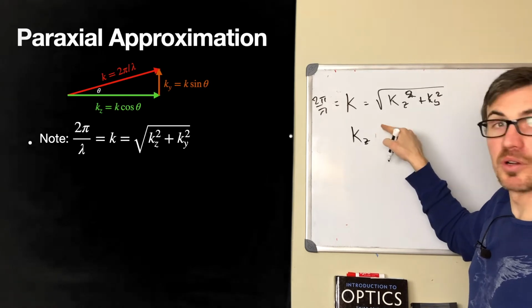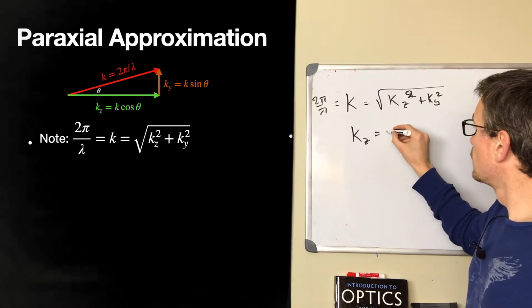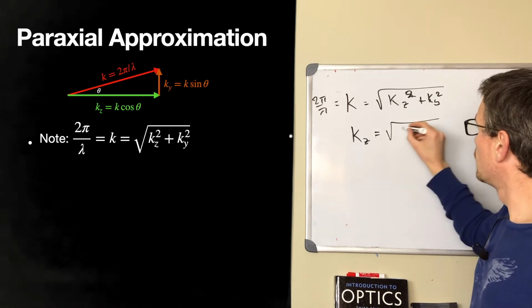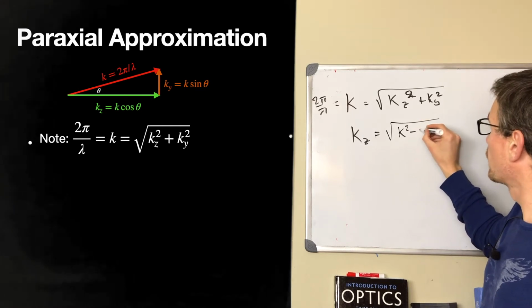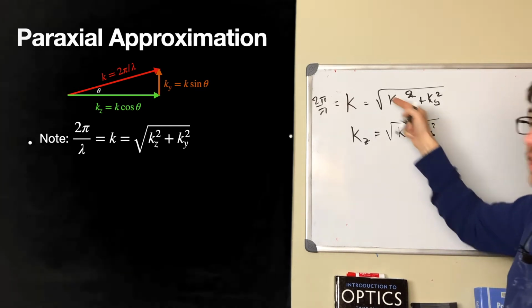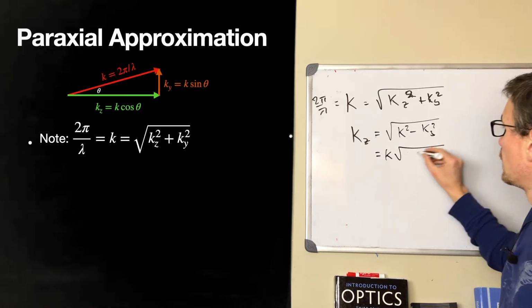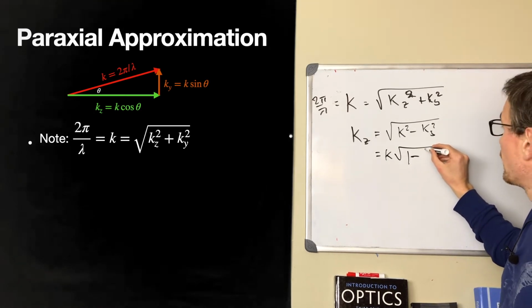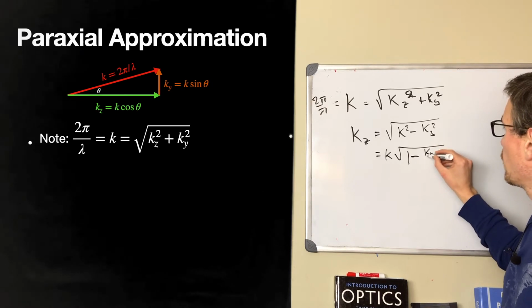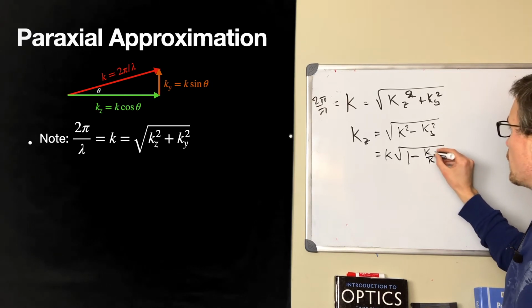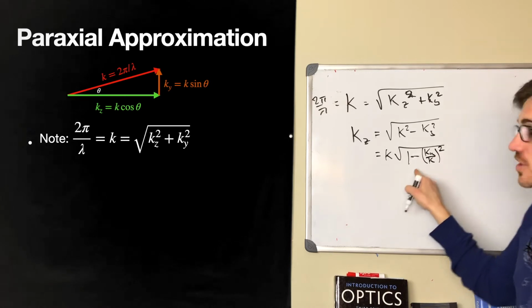Let's look at the z component of k. That's going to be equal to the square root of k squared minus ky squared, just rearranging. And we can pull out a k here. It's going to give us the square root of 1 minus ky over k, squared.